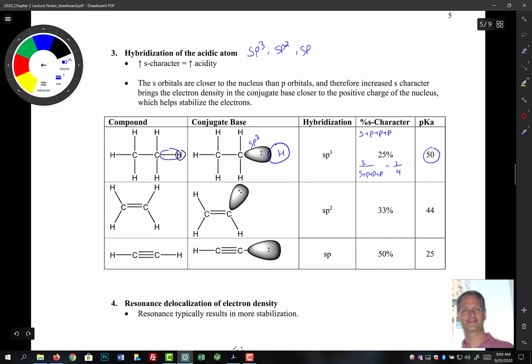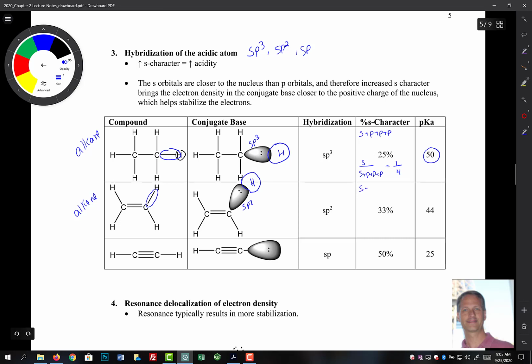Now if we come down here and look at an alkene, we'll talk about those at the end of the chapter. We're going to look at this bond, and we'll put our H right up there. That bond is an sp2. What's the percent s here?